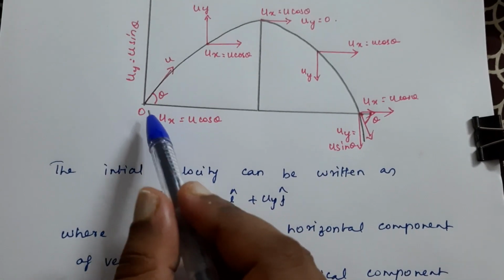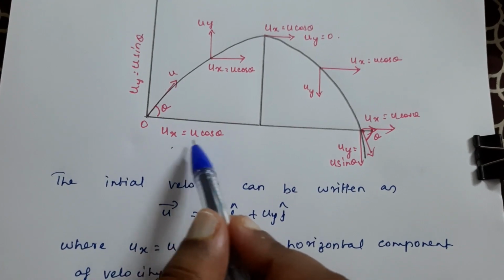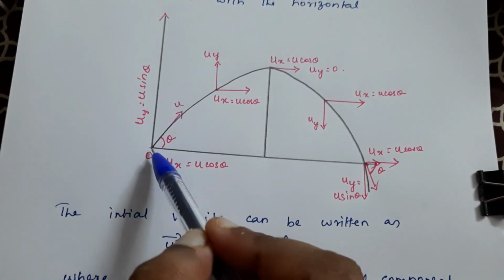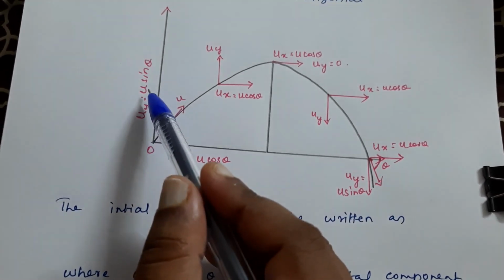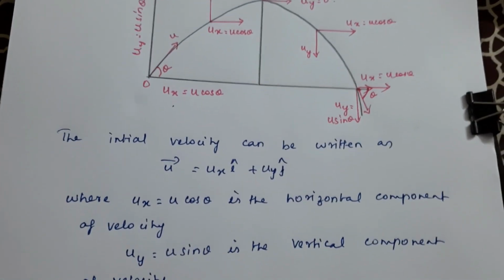So here this is the horizontal component, ux is equal to u cos theta, and this is the vertical component, uy is equal to u sin theta.